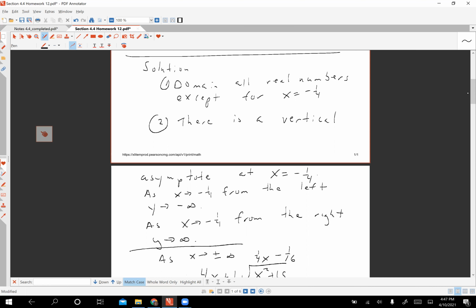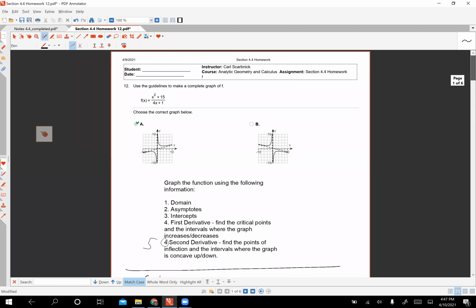As we go to negative 1/4 from the left, the second coordinate goes to negative infinity, and as we go to negative 1/4 from the right, y goes to positive infinity. The numerator is always positive, and 4x plus 1 is less than 0 for x less than negative 1/4, and always positive when x is to the right.